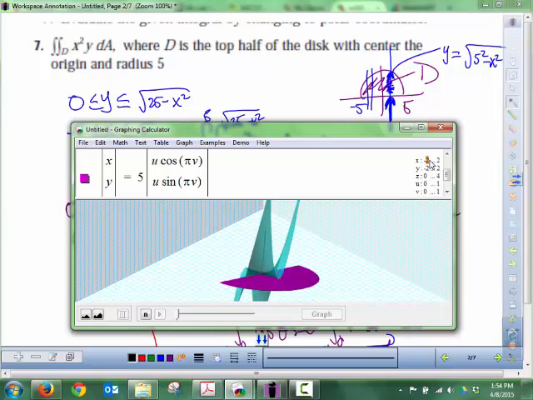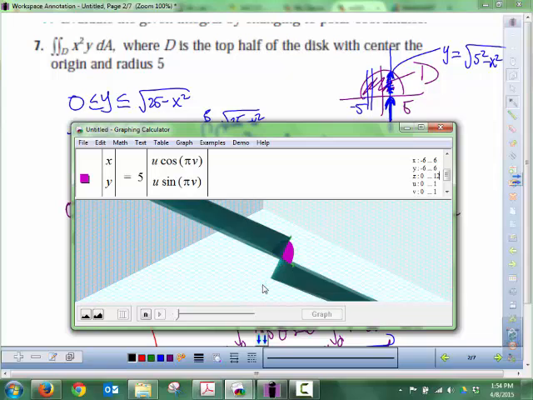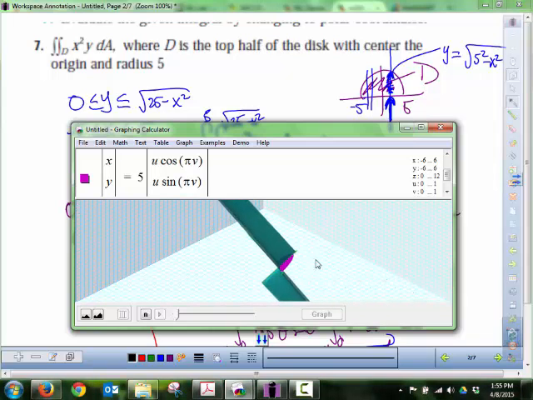Oh, I probably need to go take this too. There you go. Something like that.